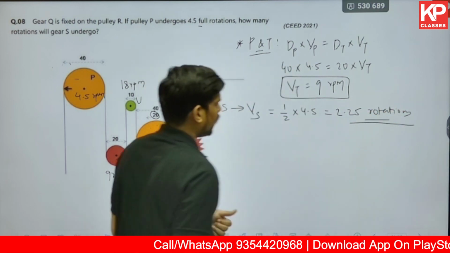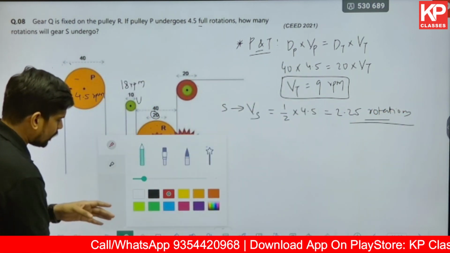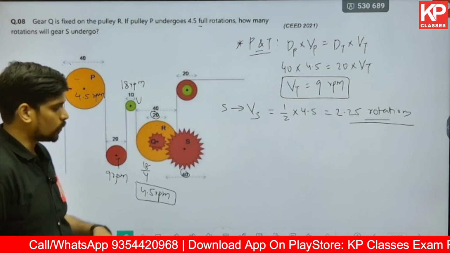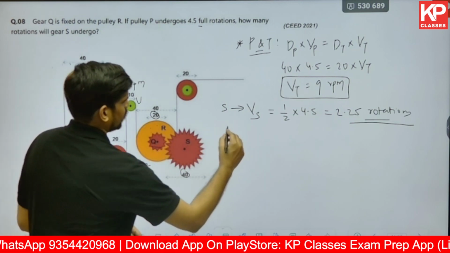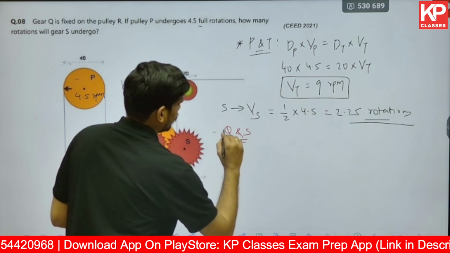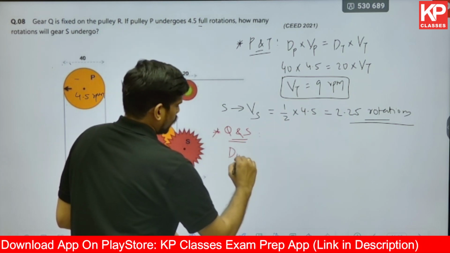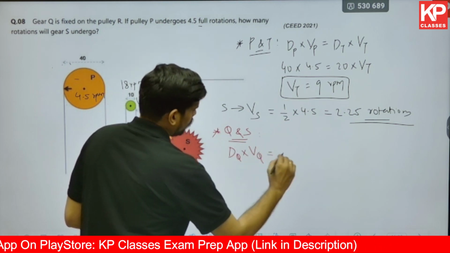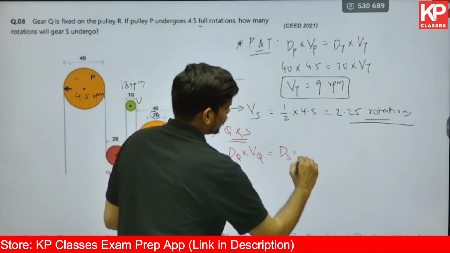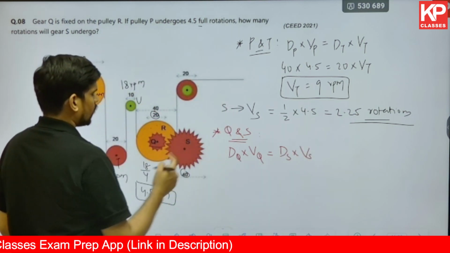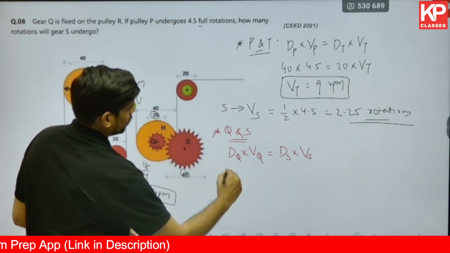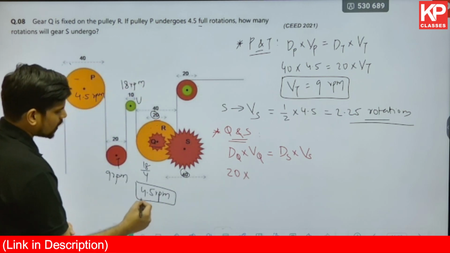That's the final answer. However, if you're not very clear, let me do the math and show you by applying the formula for Q and S. For Q and S, the diameter of Q into the rotational velocity of Q is equal to the diameter of S into the rotational velocity of S. What is the diameter of Q? It is 20. What is the rotational velocity of Q?